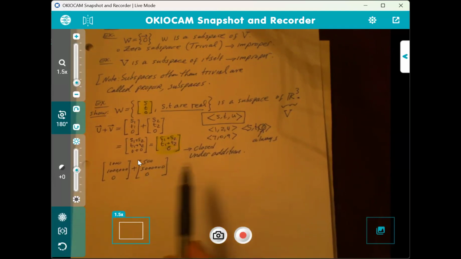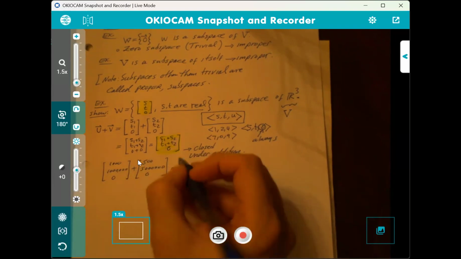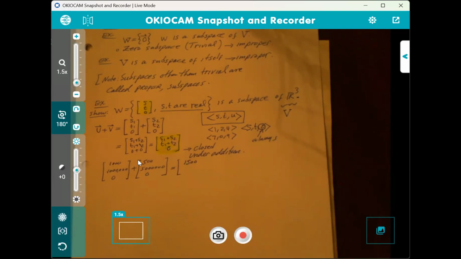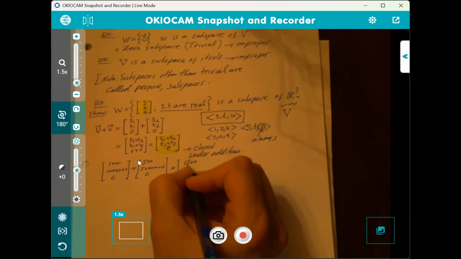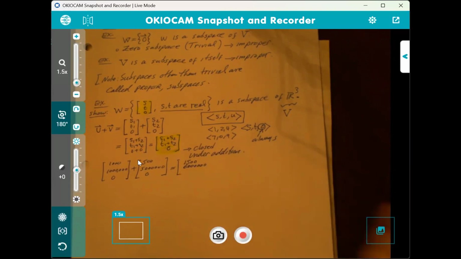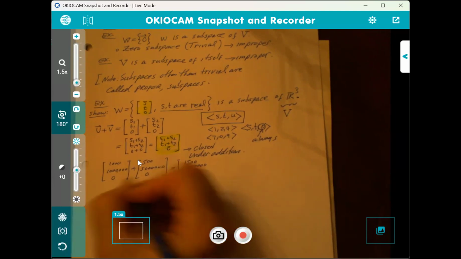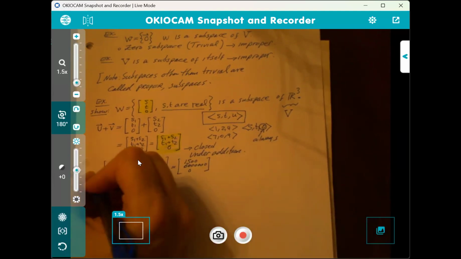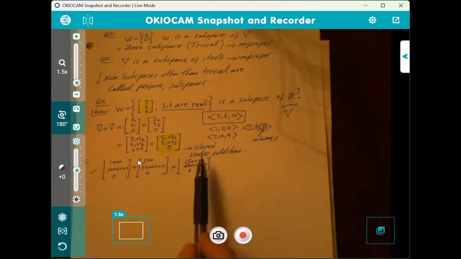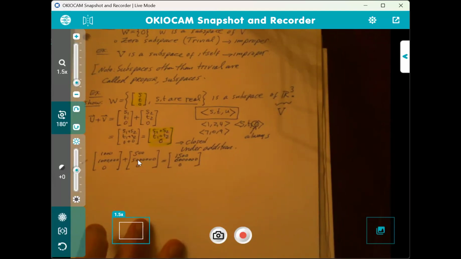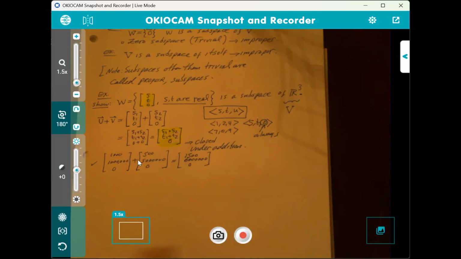Sure, because we showed closure. 1,000 plus 500, you're guaranteed 1,500 will be there for the sum. 5 million plus 1 million, you're guaranteed 6 million. You're not going to run out of numbers, and 0 plus 0 is 0. That's what closure means: if you add two vectors, you're guaranteed that the sum vector will be there. So we showed closure under addition. Is everyone okay with this part of it?